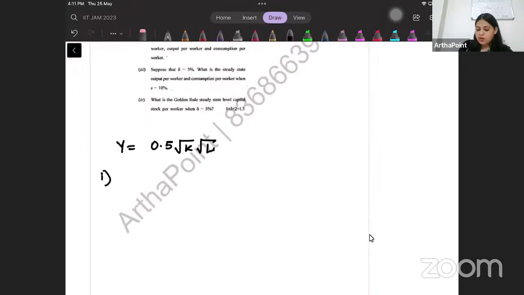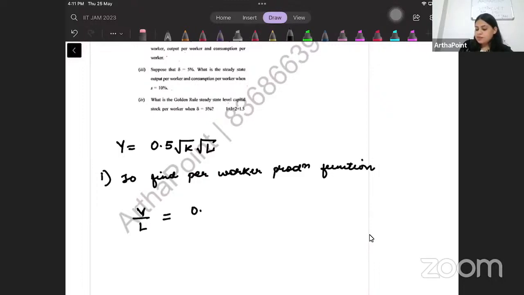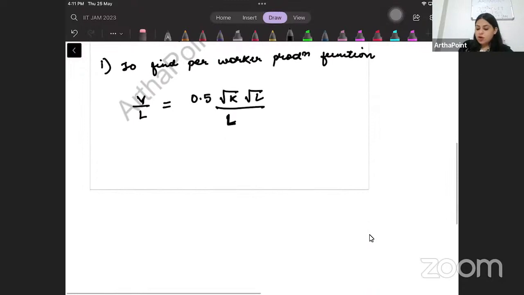So part 1, to find the per worker production function, you must divide both sides by L. So this will become small y.